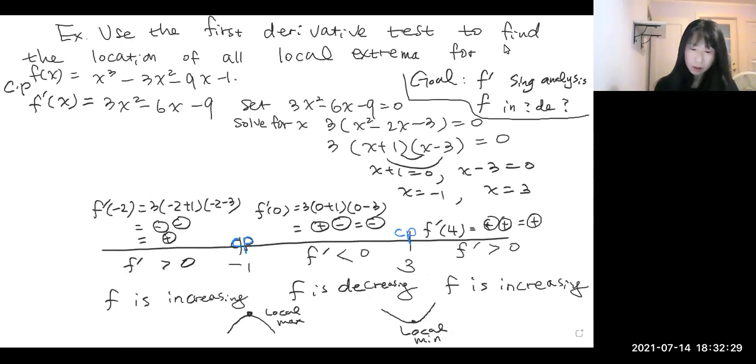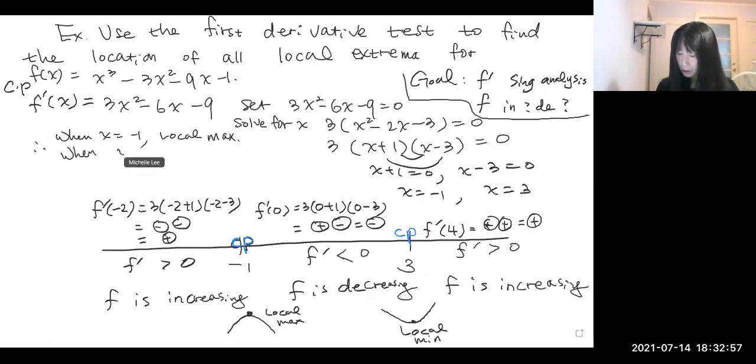So let us conclude. Let me use the space under there. So when x equals negative 1, then local maximum, right?